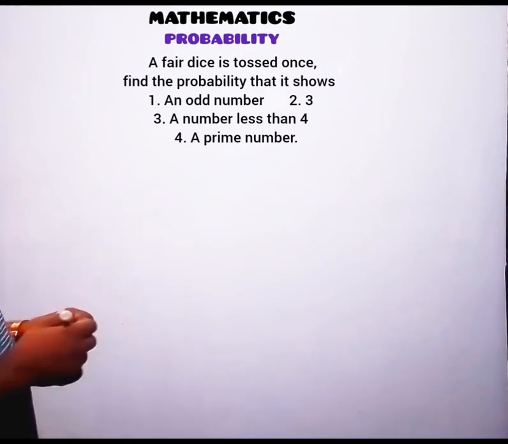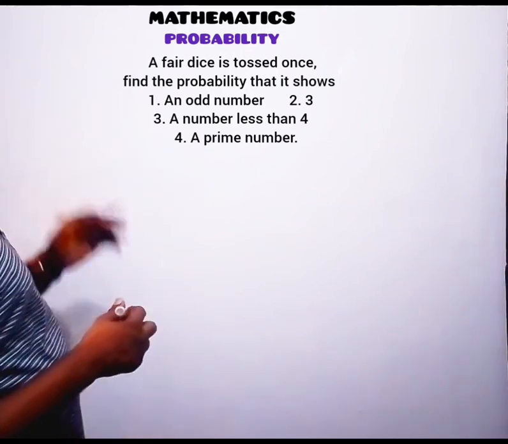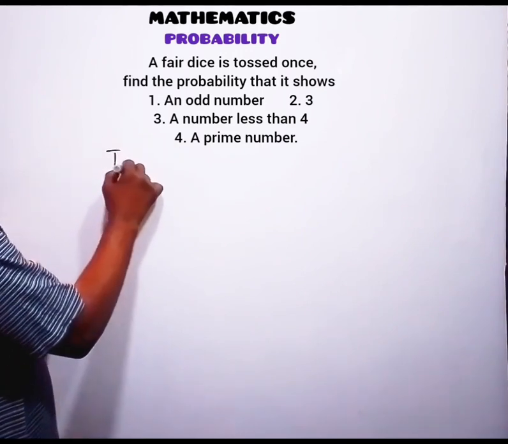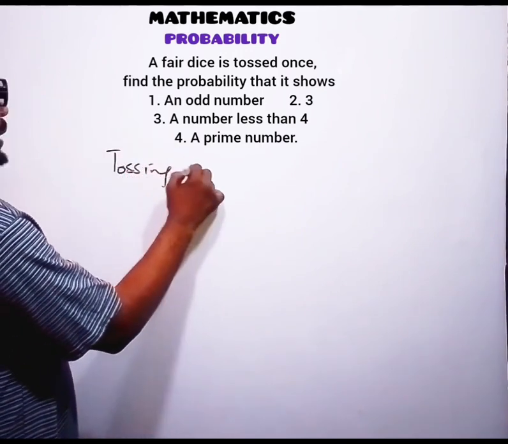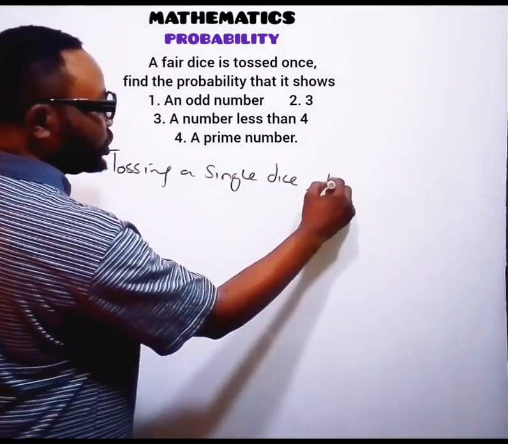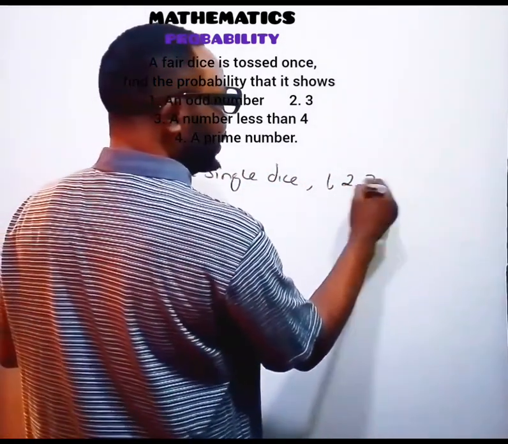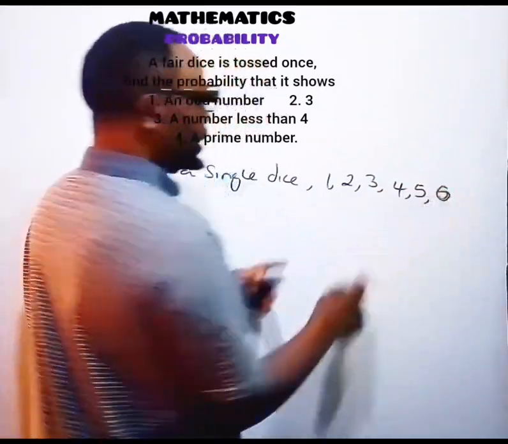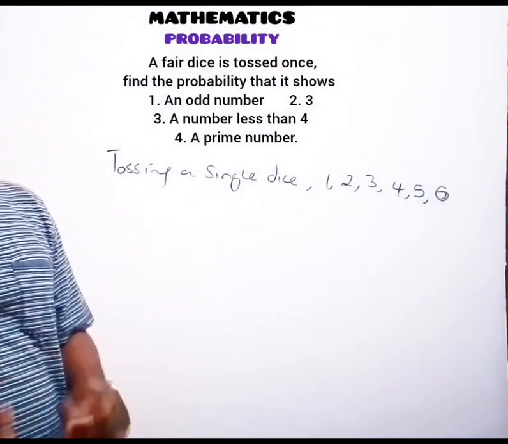When tossing a single die, the possible results are 1, 2, 3, 4, 5, 6.